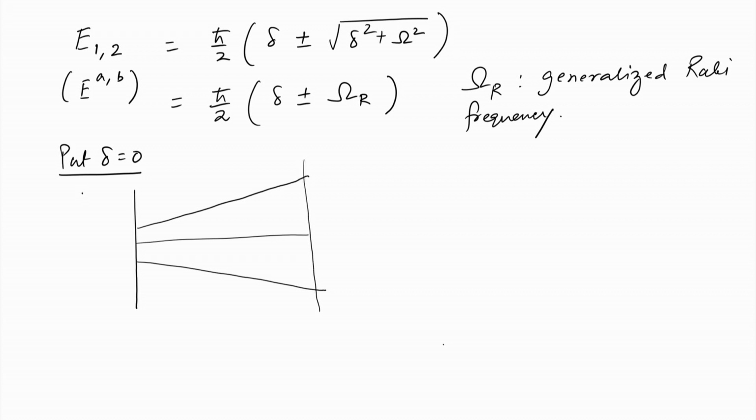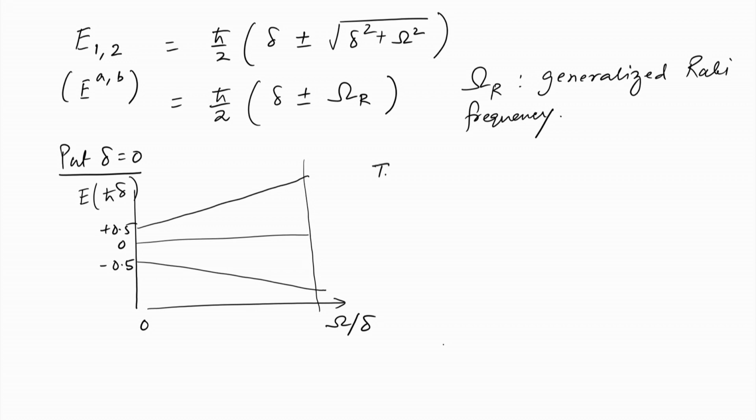This is E in units of ħ delta, plotted as a function of omega over delta, and it is something like minus 0.5 and plus 0.5 and 0, and so on, plotted from 0 to some value. Now, corresponding to these plus and minus eigenvalues, one can find the eigenvectors.